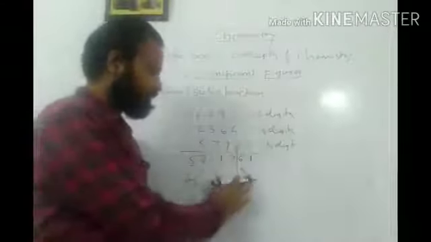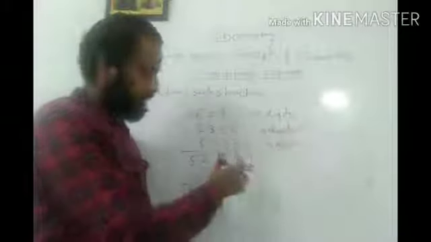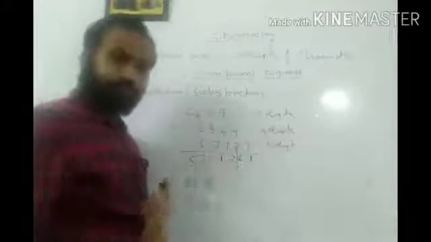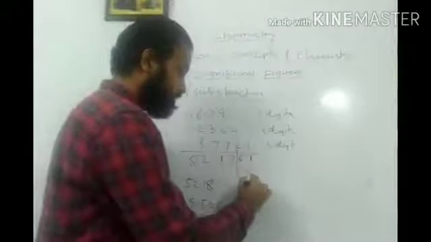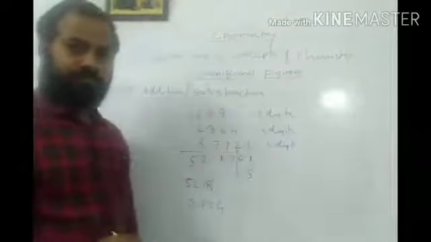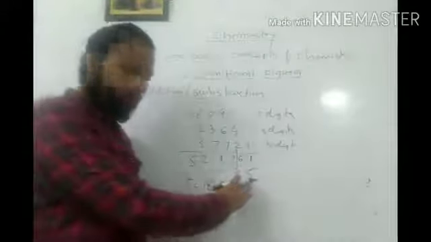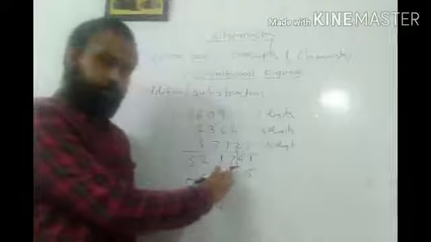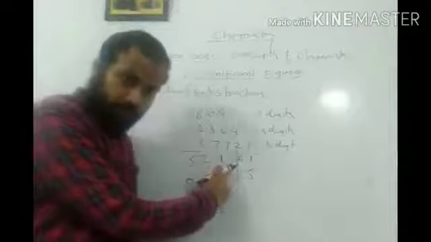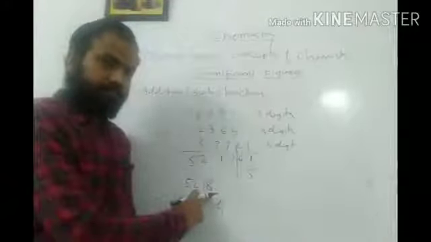But if this digit is greater than 5, I add here. Now what will happen if this digit is exactly 5? Isn't it quite interesting? If this digit is 5, we have to consider the preceding number. If this number is odd, we have to add 1 here.